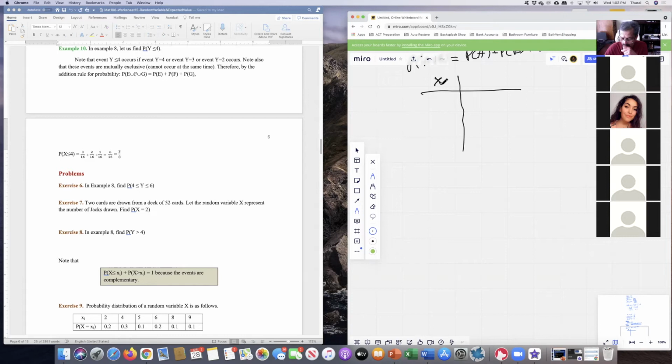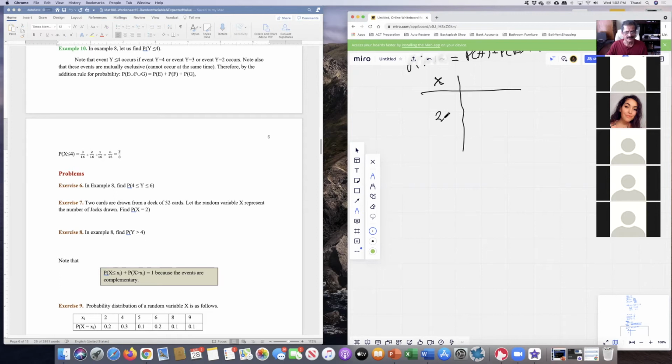Somebody said 2, yes, 2 is a possible value. Both cards I took can be jacks. 4? Why 4? Because isn't there 4 jacks? No, I'm only taking 2 cards. So do you realize that the number of jacks I have in my hand has to be 2 or less?